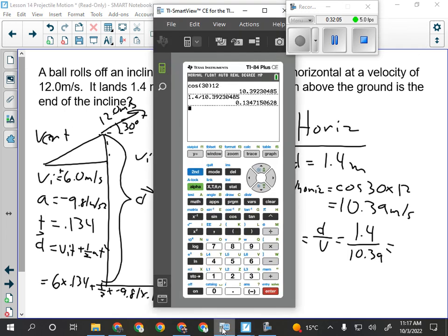So 6 times that number plus 0.5 times negative 9.81 times that number squared. All right, so it's 0.72 meters above the ground. So it doesn't take long, right? It was only this high off the ground, and it wouldn't take long for it to reach the ground after that.